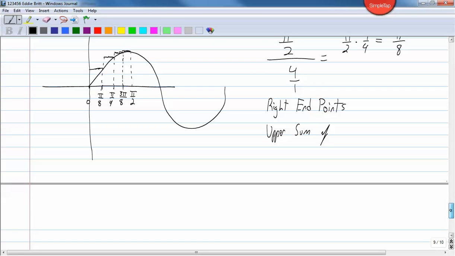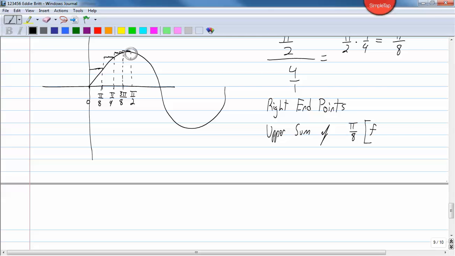of, now each one of these was pi over 8 units wide. So I would multiply each height by pi over 8. Or, to shorten it up just a little, I'll just say f of all of my heights, and then say it times that one width.